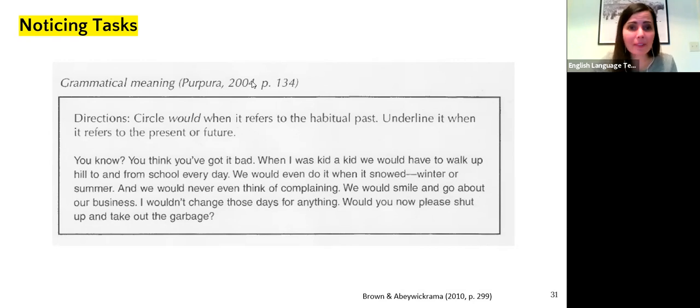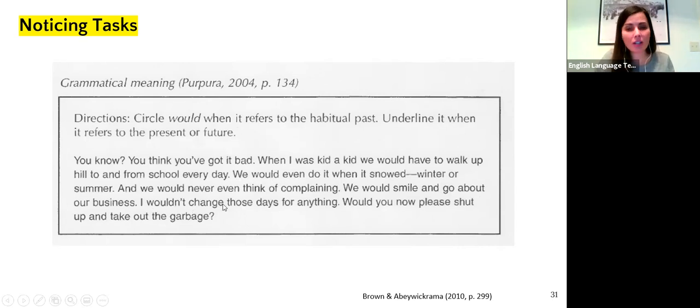Definitely. There's another type of task in the Brown and Abeywickrama chapter, and they would have to notice when would is being used to talk about the habitual past, right? And when it is used to talk about the present or the future. So we would even do it when it snowed. This is habitual past.